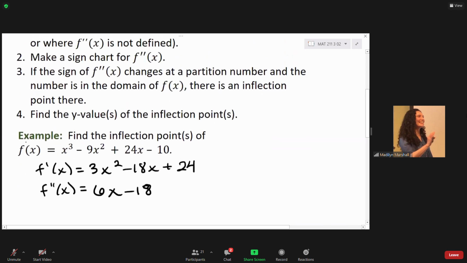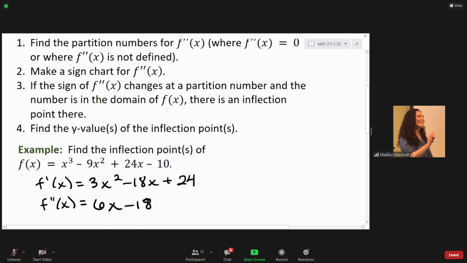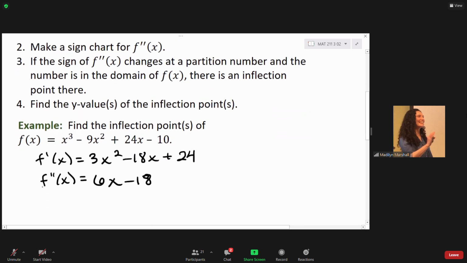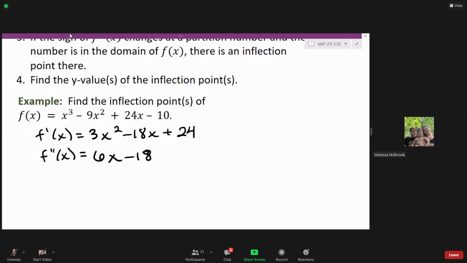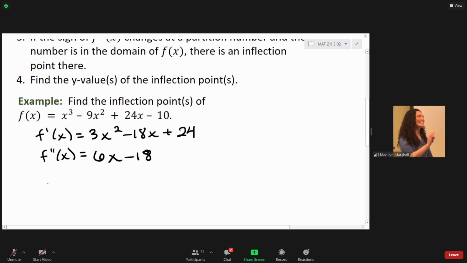So our first step is to find the partition numbers for f double prime. We have f double prime, but we need to know where it's 0 or where it's not defined. This f double prime is always defined. There are no denominators or anything like that. So we can just set it to 0. So x equals 3.